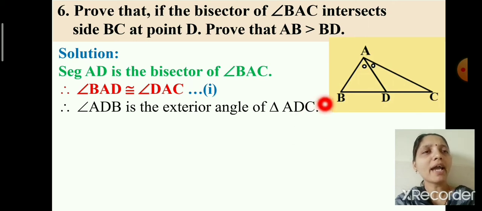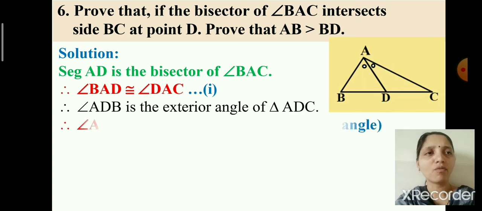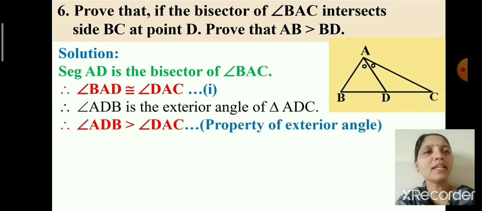Now, angle ADB, this angle is the exterior angle of this triangle ADC. Yes, therefore, angle ADB is greater than angle DAC. The property of exterior angle we have learned in the beginning of this lesson.